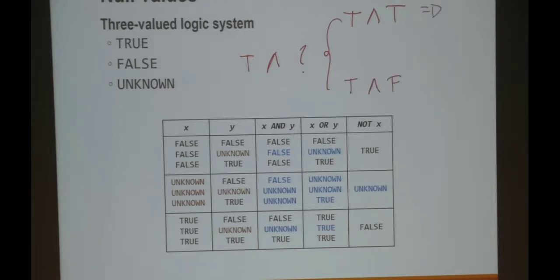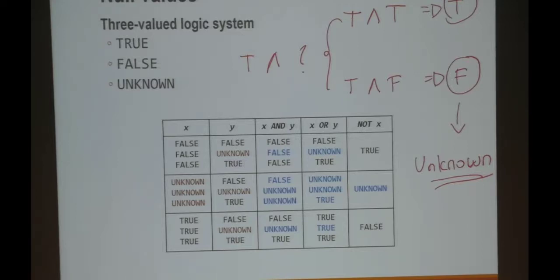This one is true and this one is false. Now they are different. Because they are different, you cannot know what the final value will be, so it's basically just unknown. Okay? So that's how you can think about unknown values.